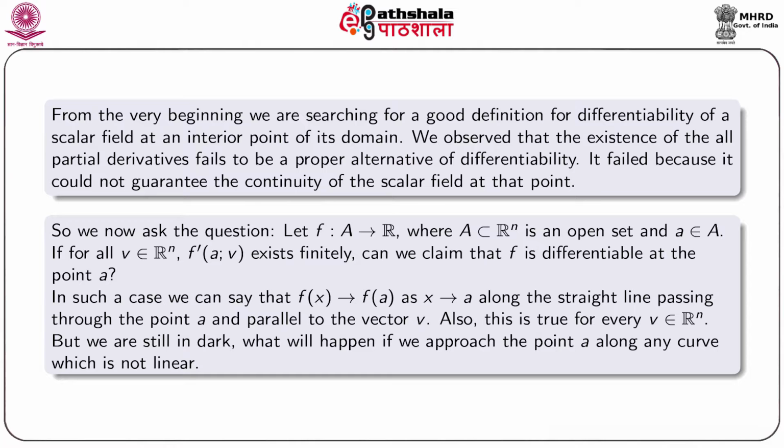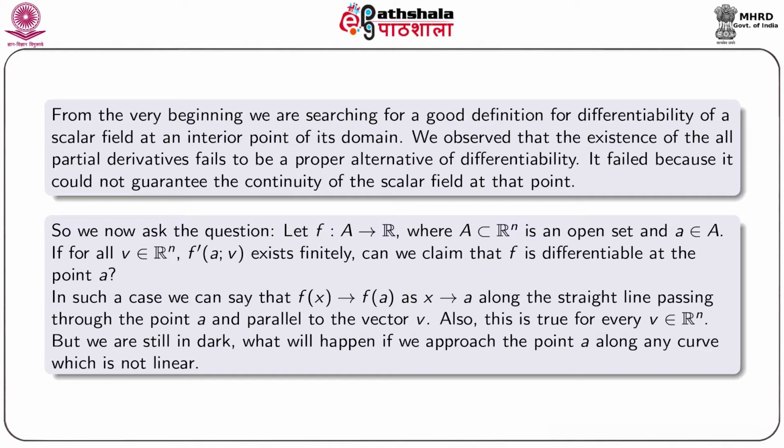So, we now ask the question: let f be a scalar field defined on the set A, where A is an open set in R^n and a is a point in the set A. Since A is an open set, obviously the point a is an interior point. If for all v in R^n f'(a; v) exists finitely, can we claim that f is differentiable at that point a?